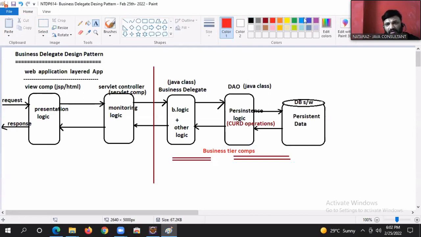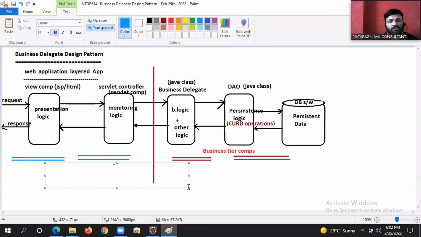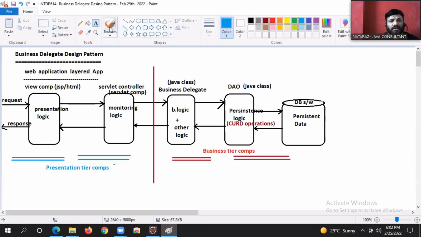Yeah, these are called presentation tier components. Everyone got the clarity, guys? Here are my business tier components. Here are my presentation tier components.